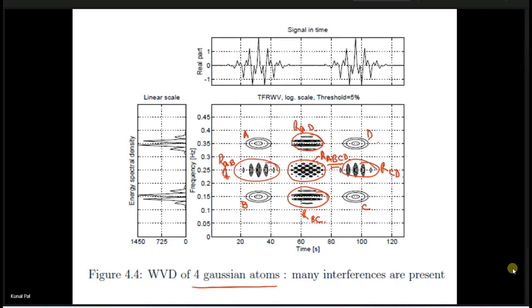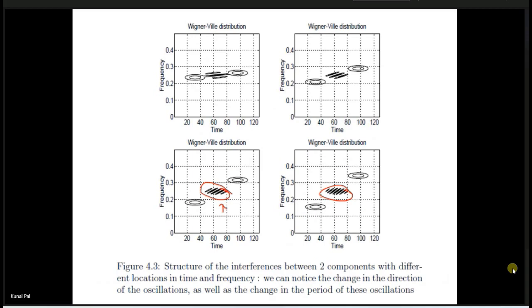And this was one of the major problems, because if you are a novice in joint time frequency analysis, it would become difficult for you to analyze the signal properly, because there are so many cross terms coming. In the previous case, since there were only 2 Gaussian atoms, the cross term was limited to 1. But when we increase the number, we can see the cross terms are increasing manifold. Okay.